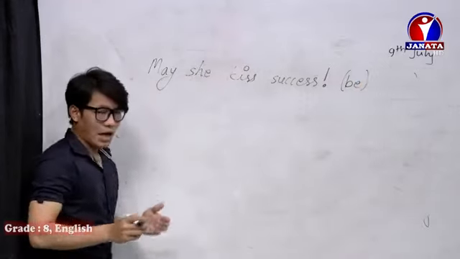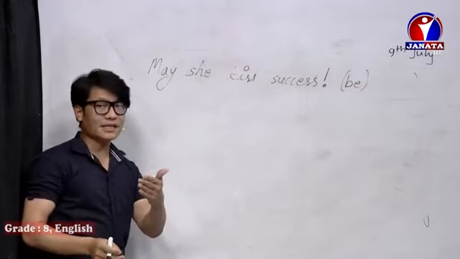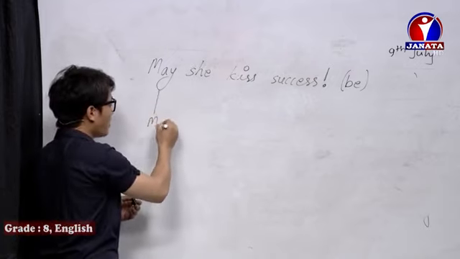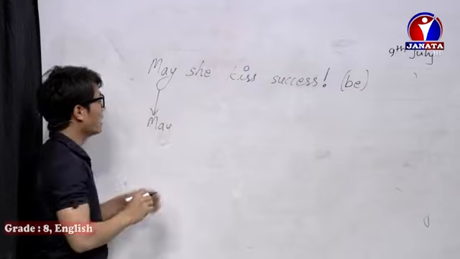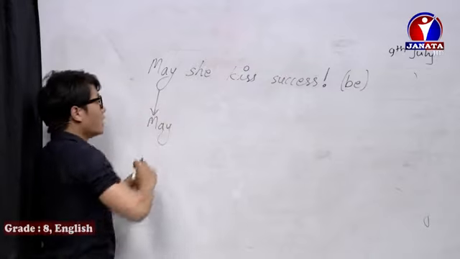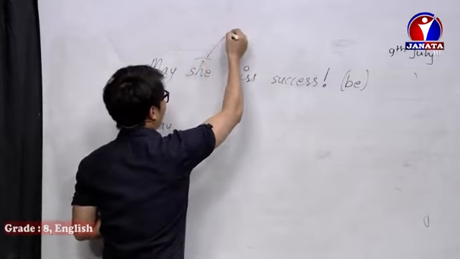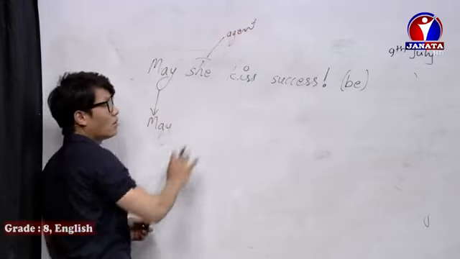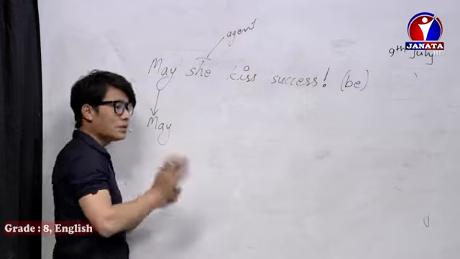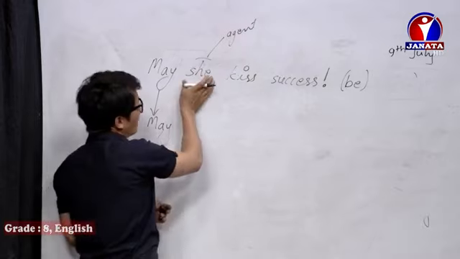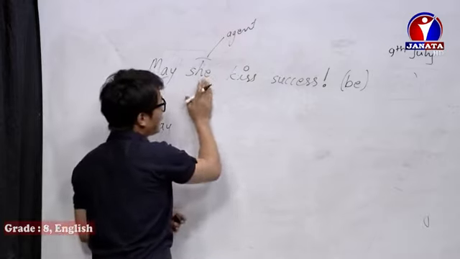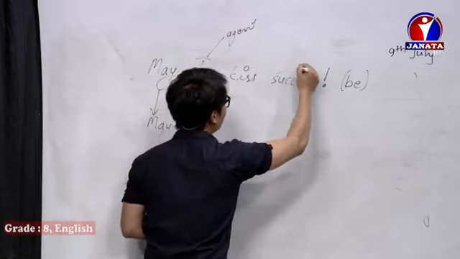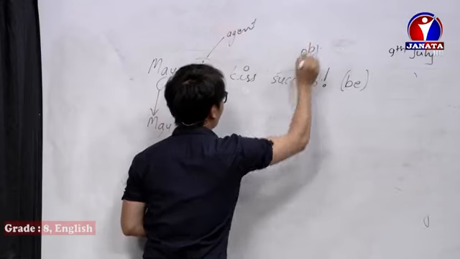I have told you that an optative sentence always starts with may. So we need to write may here. We cannot change this. May. This is the agent, because somebody is wishing. The person who is wishing is the subject. So the agent is she, and success is the object.